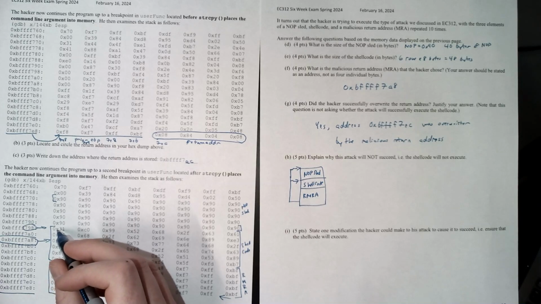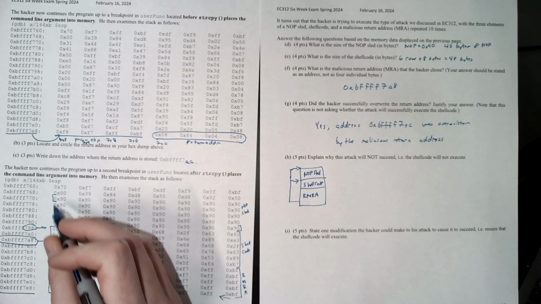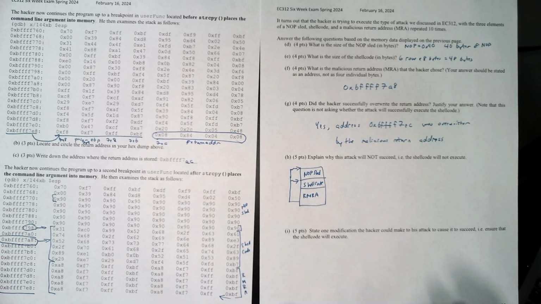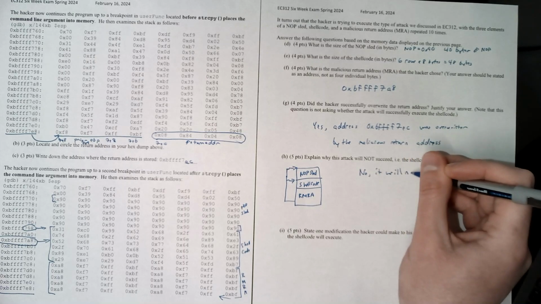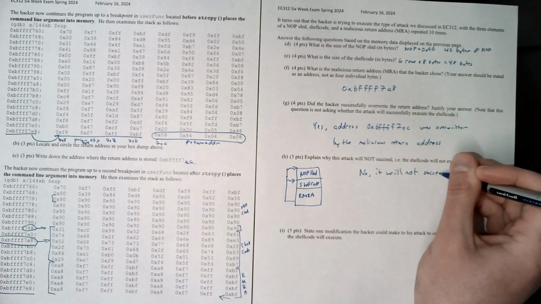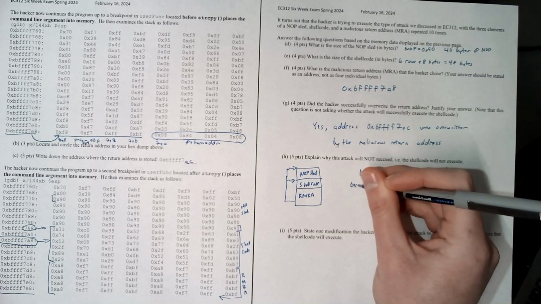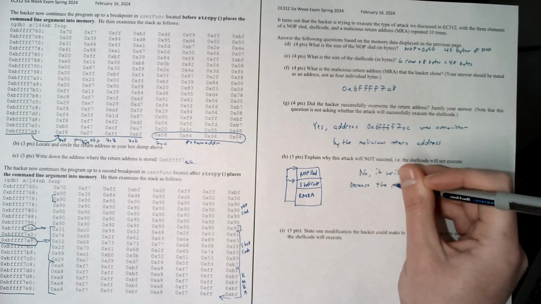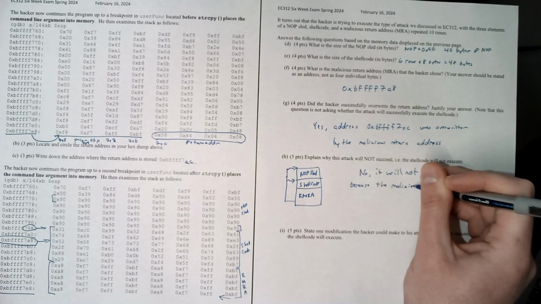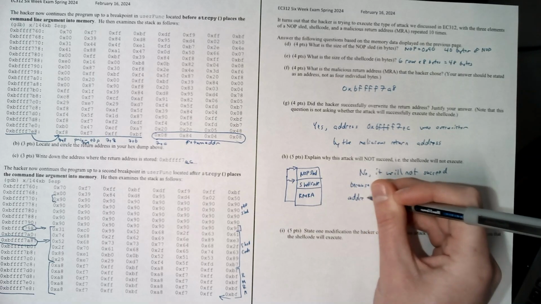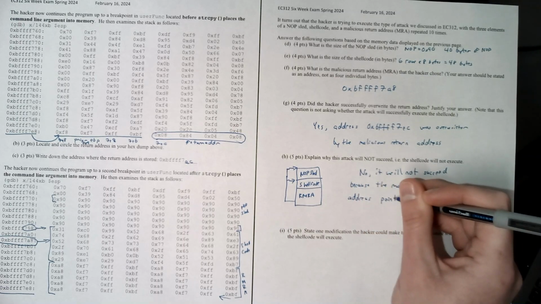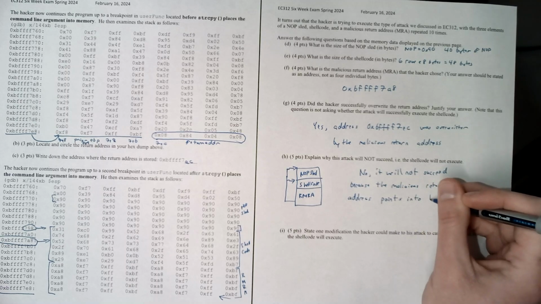That would point to the very first byte of the shellcode. And anything above that in the no-op sled will also work. So no, it will not succeed because the malicious return address points into the middle of the shellcode.